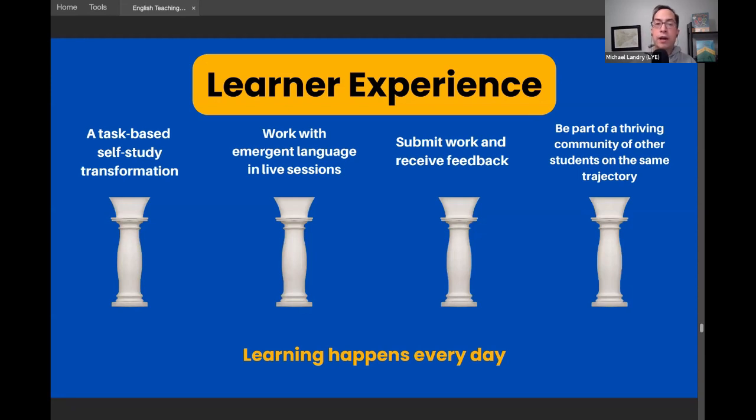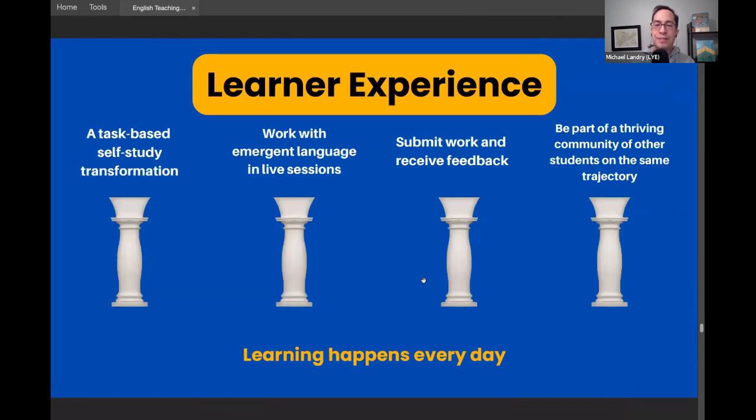Well, again, in our live lessons, we're working with them in emergent language, and we're really using these approaches, topics, texts, and tasks to really see what language resources the learners have. And then we're coming in and we're supporting them. We're teaching at the point of need and guiding learning in that way. Also, they're submitting work.